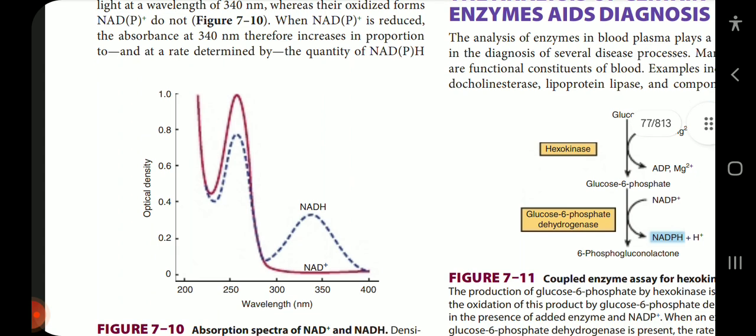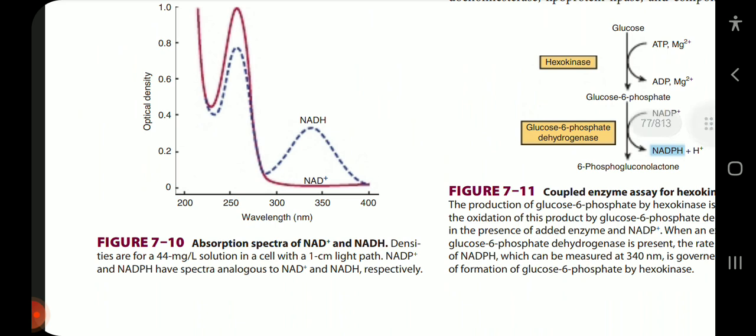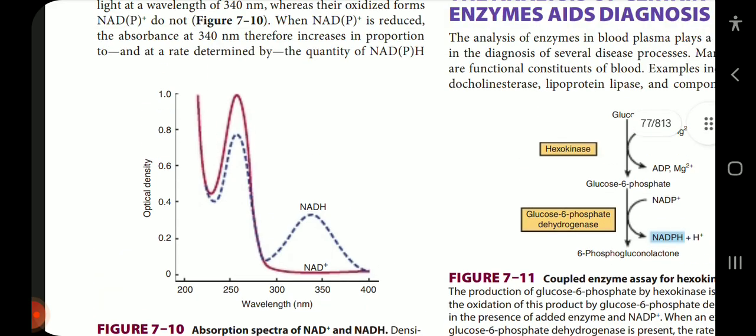So in the diagram we can see a peak at 340. Absorption spectra of NAD+ and NADH. Densities are for a 44 mg per liter solution in a cell with a 1 cm light path. The NADP+ and NADPH have spectra analogous to NAD+ and NADH respectively.